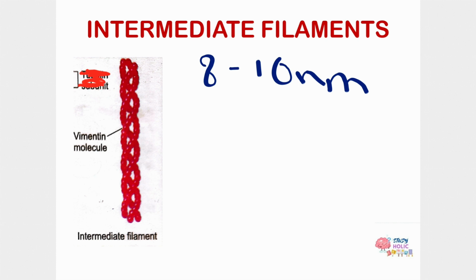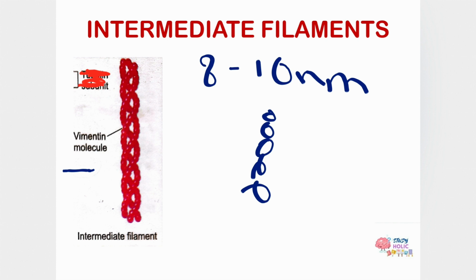As I told you, the microtubules were formed by the tubulin protein, and the subunit protein of the intermediate filament is vimentin, as you can see over here. And these vimentin also form chains like this.